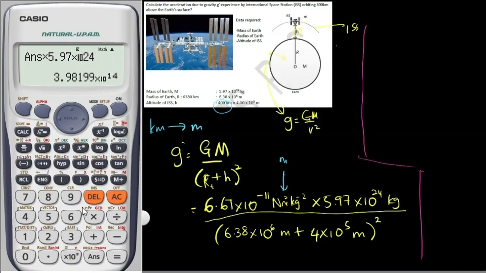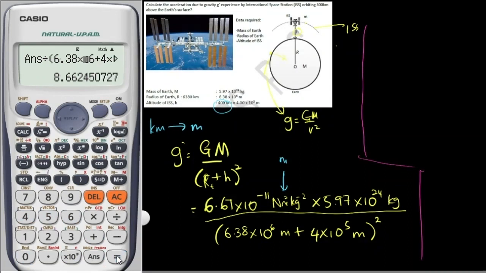This is the upper part, the numerator, and then divide by, since it involves a square, we need to use brackets: 6.38 times 10 to the power of 6, plus 4 times 10 to the power of 5, and don't forget to square it.